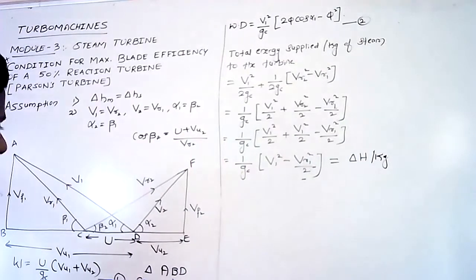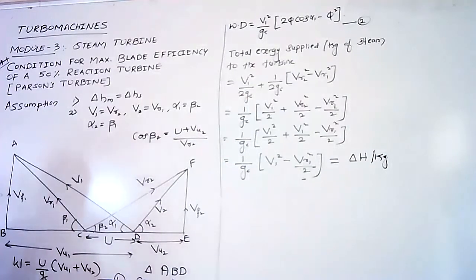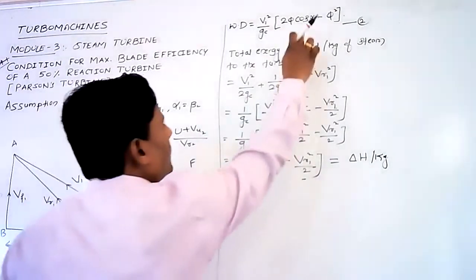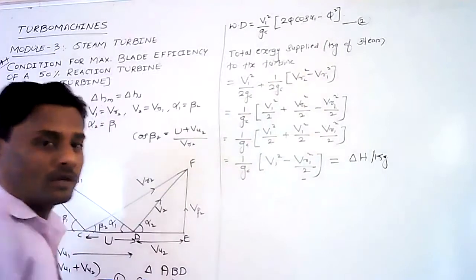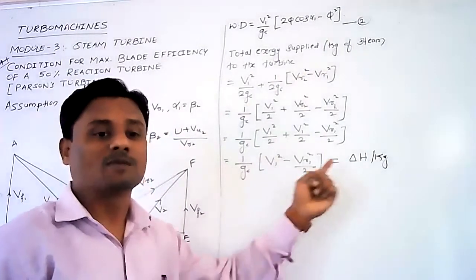Now, let us apply the cosine rule to this triangle ACD, because what I want is the complete final form of the equation strictly in terms of alpha 1, because in equation number 2 we have alpha 1. So let us write this equation in terms of alpha 1.